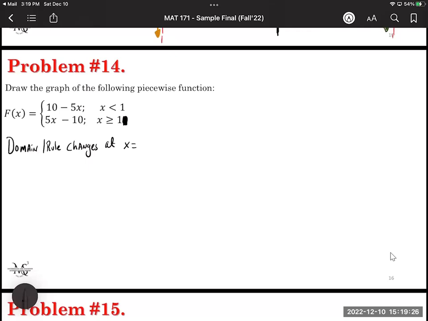If you look at your function, you have f of x equals 10 minus 5x, provided that x is less than 1, and you have 5x minus 10, provided that x is greater or equal to 1. So your domain changes at what value of x?